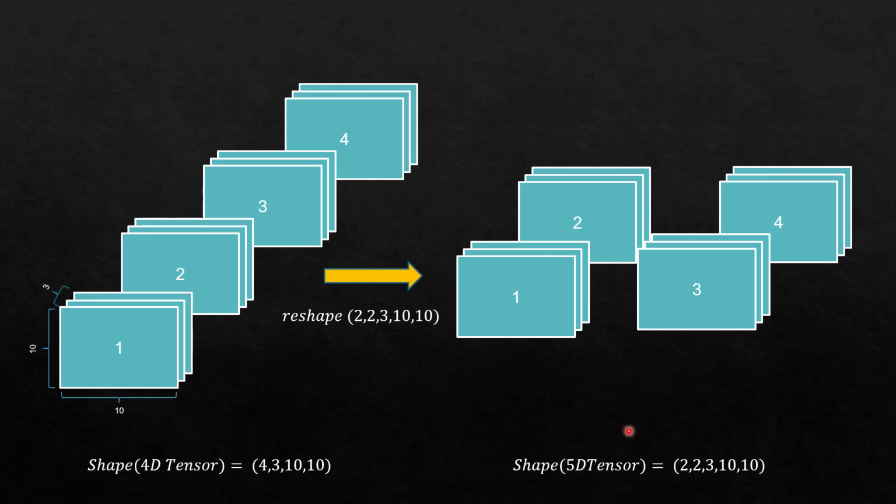So we created a 5D tensor from this 4D tensor. The shape of this one is 2, 2, 3, 10, 10, okay? And we have seen in the reshape operation that if you work on adjacent axes, it does not destroy the image integrity, correct?